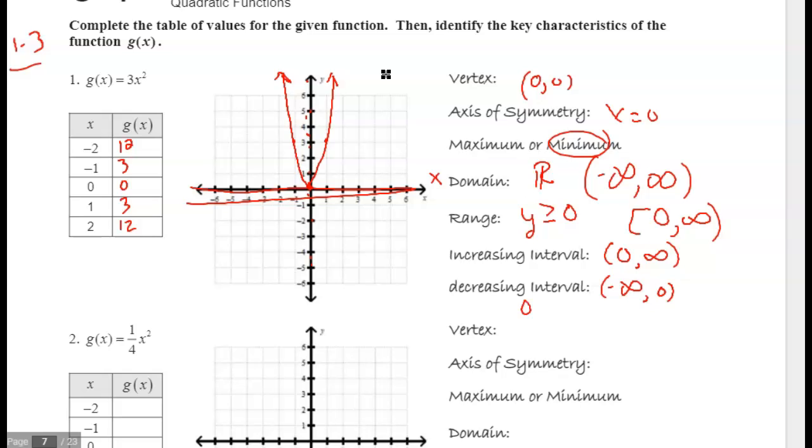If I did the first one, we're talking about these increasing and decreasing intervals, we're talking about x. So we could say 0 less than x less than or equal to infinity as well. So either way, but this is probably the easiest one to do.